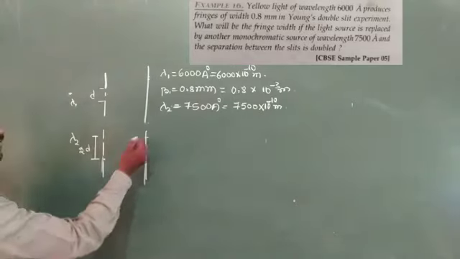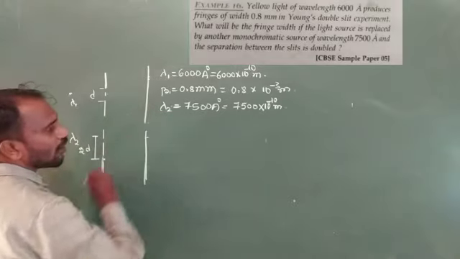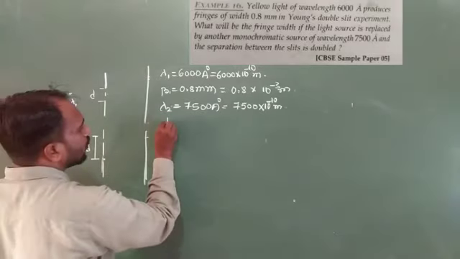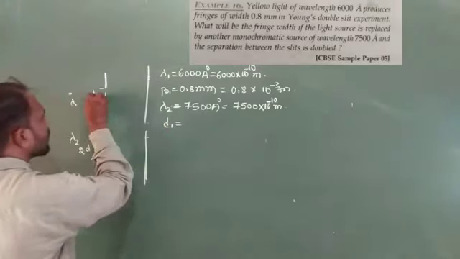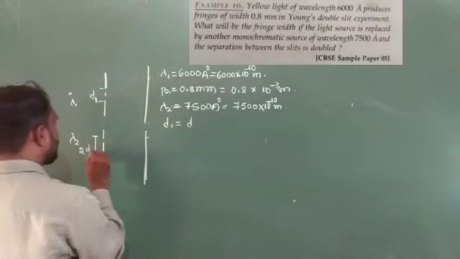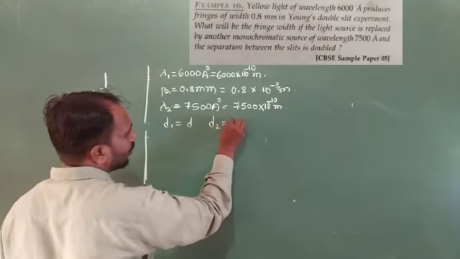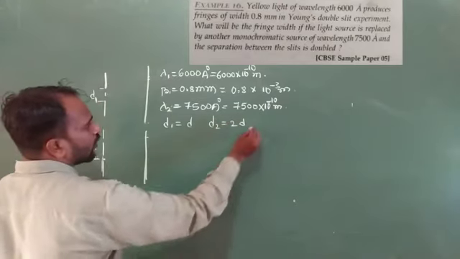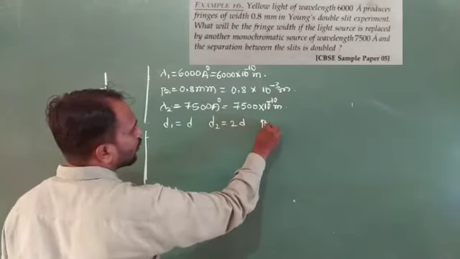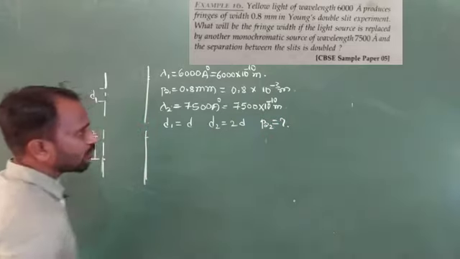Here we want to calculate the fringe width beta. So d1 is d, and d2 is 2d. We want to calculate beta 2, which is equal to question mark.